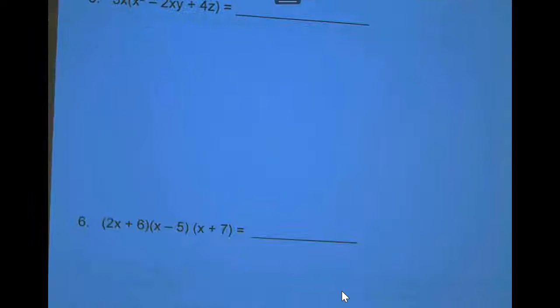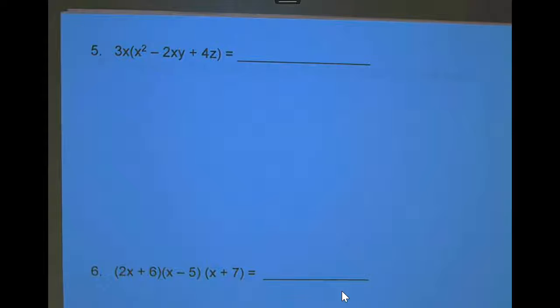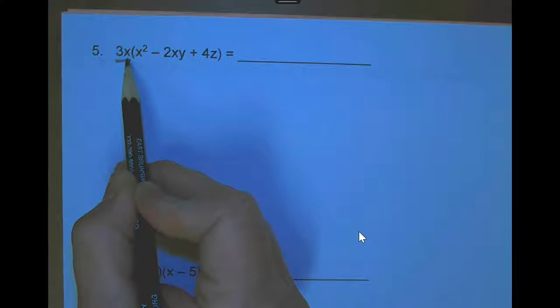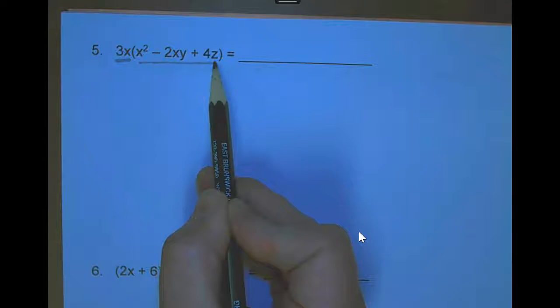So, next problem. Is this one a binomial times a binomial? It is not. What is this? What kind of polynomial is this one? It just has one term. It is a monomial. This one right here has 3 terms.